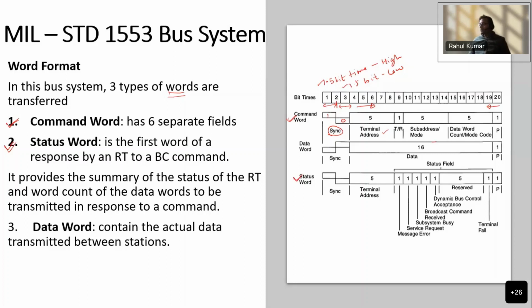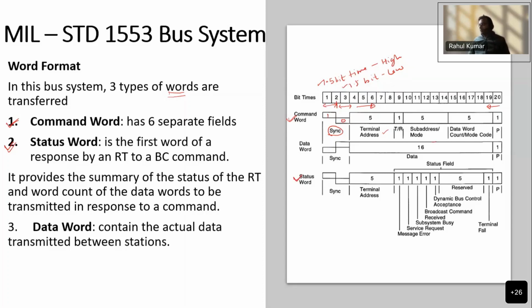So the status word is the first word of response from a remote terminal to the bus controller. Okay, so it provides the information about the status of the remote terminal, that is, if it is busy or ready to transmit.